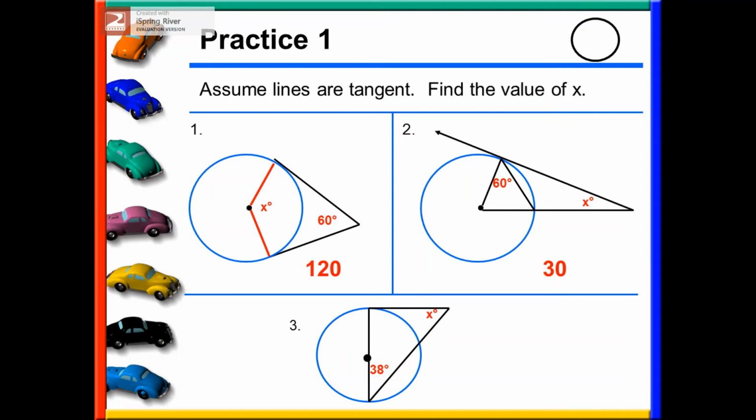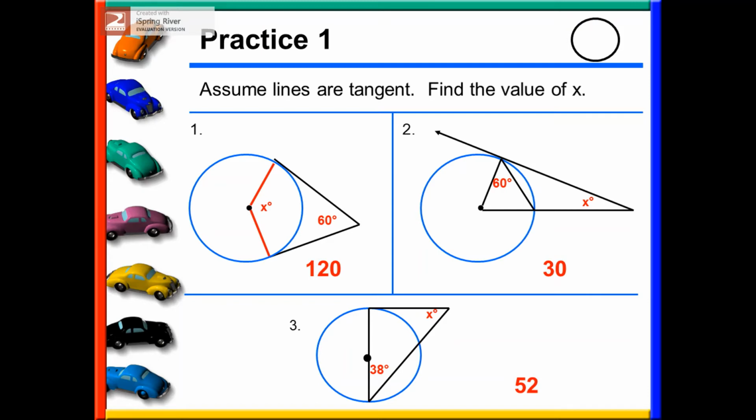Next, from the last given, we have 38 degrees, and we need to find the value of x. Since the other angle is 90 degrees, we will use the equation 38 plus 90 plus x is equal to 180.